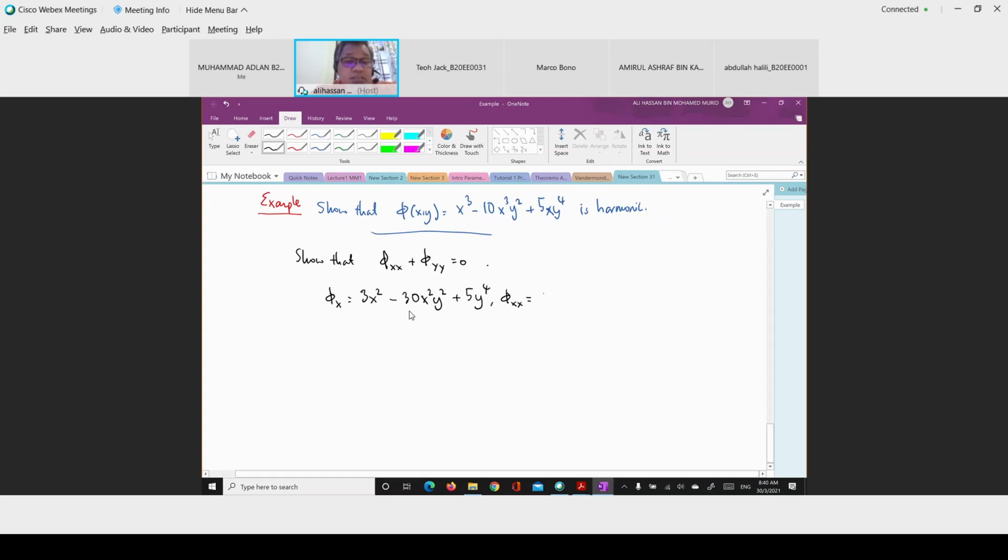We get 6x minus 60 x y squared, isn't it? Next, we compute phi partial y. Phi partial y is minus 20 x cubed y plus 20 x y cubed, isn't it?